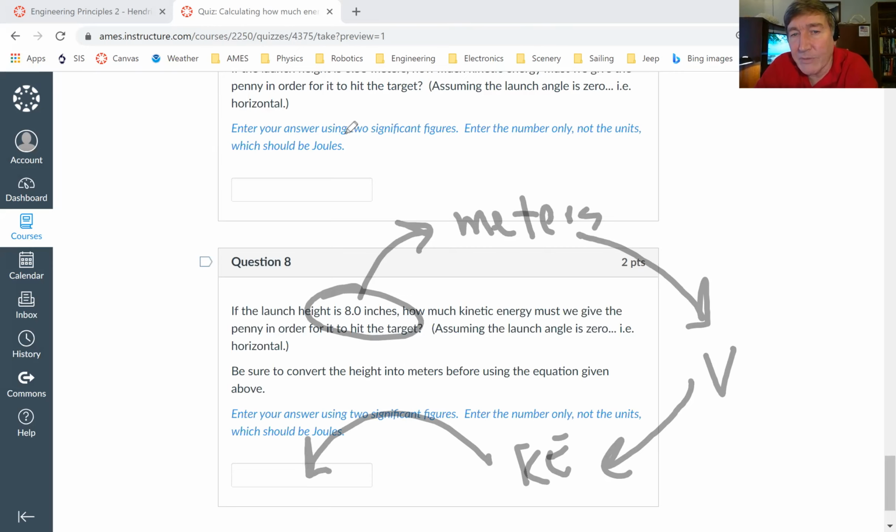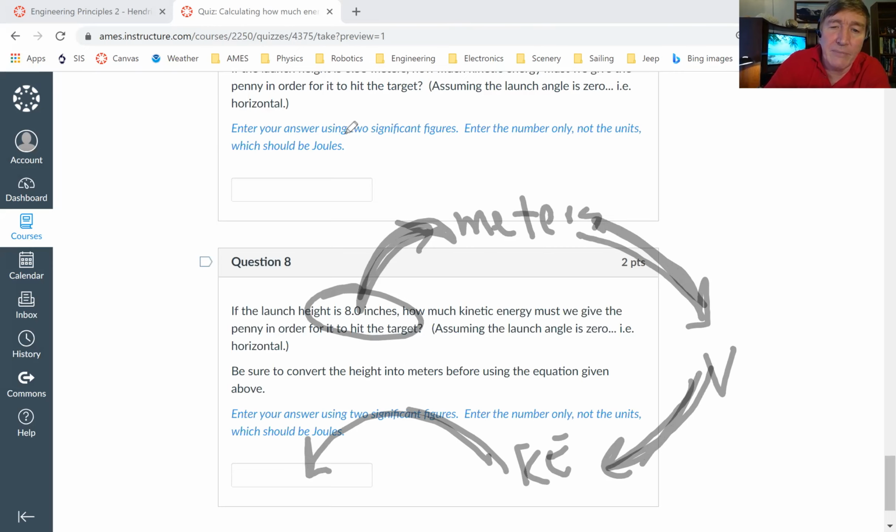So that's a lot of steps. I realize you've got to do one step here, and then another step here, and another step here. So yeah, it's a bit of a challenge, but you can do it. Every one of you should be able to do this and get 100% on it.